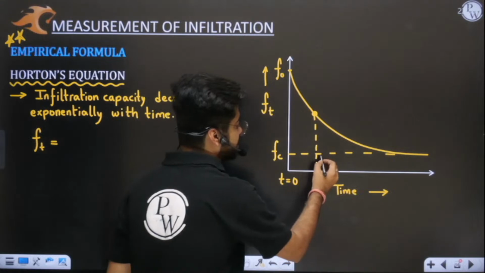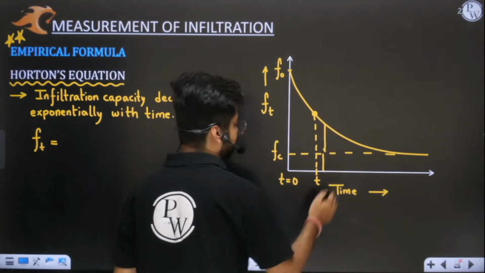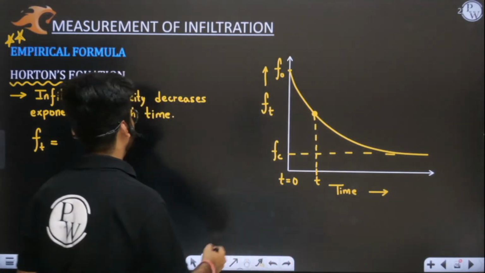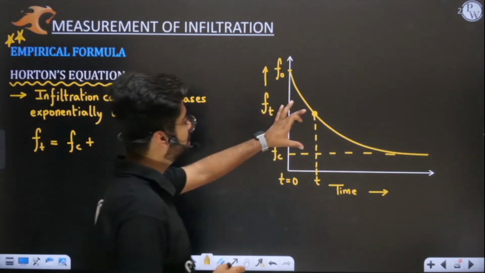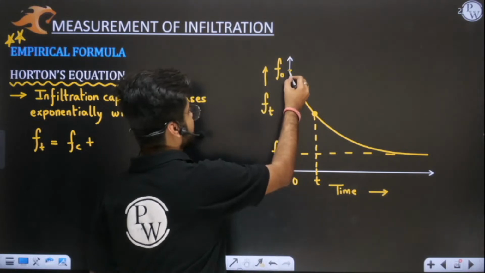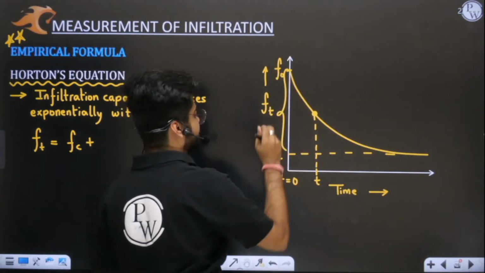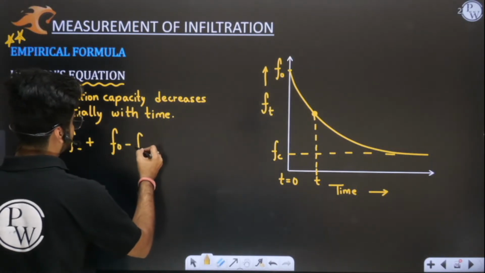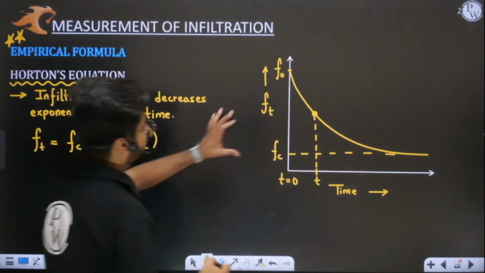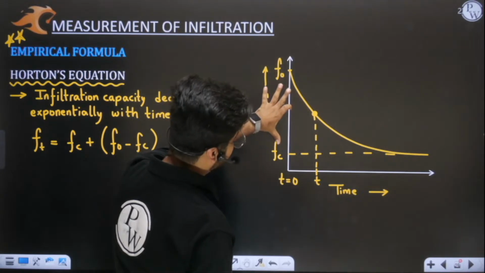This is fc plus something. So I will write fc plus. Now what is this? See, you need to understand this gap is f naught minus fc, and this gap f naught minus fc is decreasing exponentially.